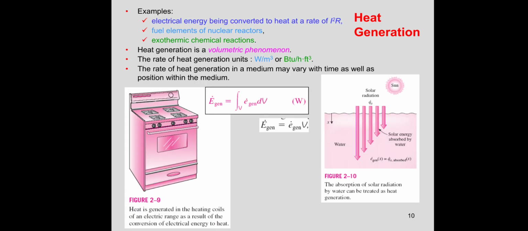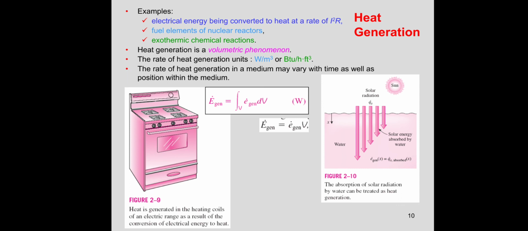Now next is heat generation. Okay, so to find out the heat generation, generally we will see the examples. By using this, we will understand the heat generation. So first example is electrical energy being converted to heat at a rate of I square R, so current square multiplied with resistance. Then next is the fuel element of a nuclear reactor.